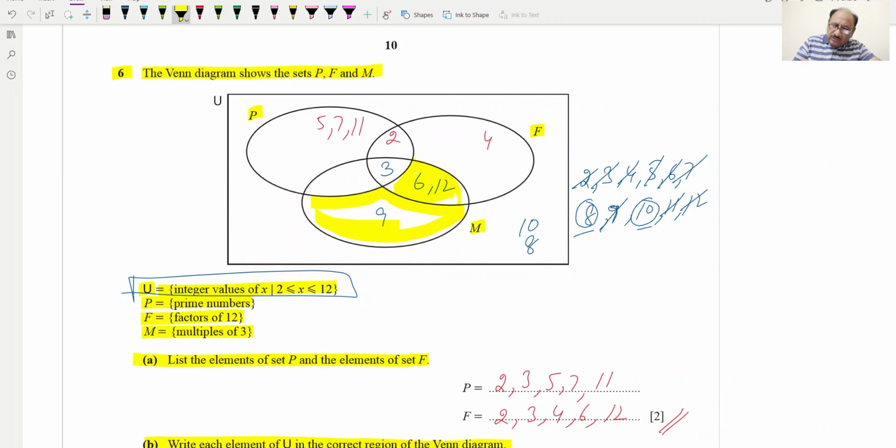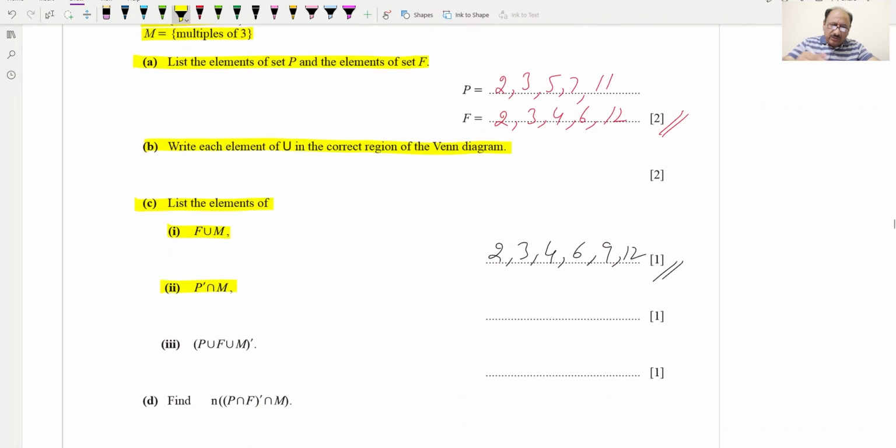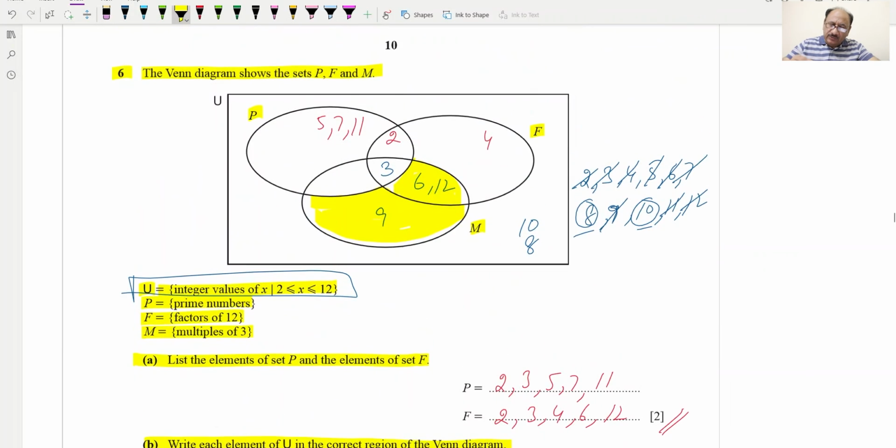M contains this also. So we will write 6, 9 and 12. This will be our answer. Then next is P union F union M whole complement. So P union F union M.